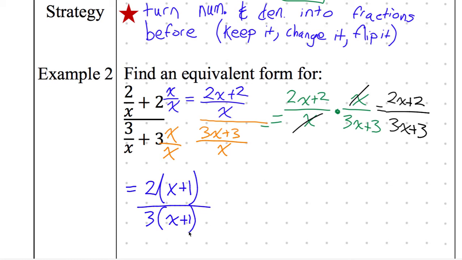And you need to keep track of these. And then from here, finally, the last step. James, you want to try it? All right, Fiona. Cross out the x plus 1s, and you're left with a final answer of 2/3. Final answer is 2/3.